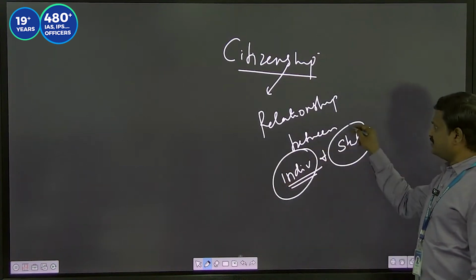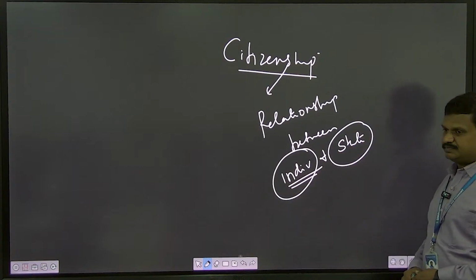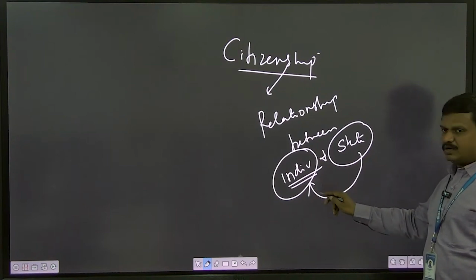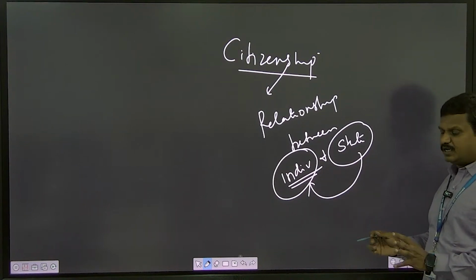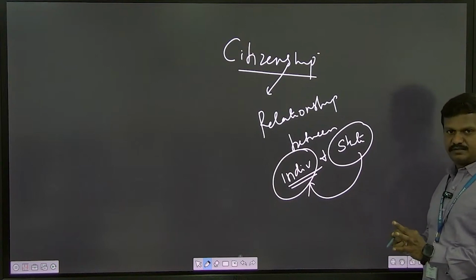What relationship the individual has with the state, that is called citizenship. The state is ruling a group, and in that group individuals are there. So it is the relation between individuals and the state.